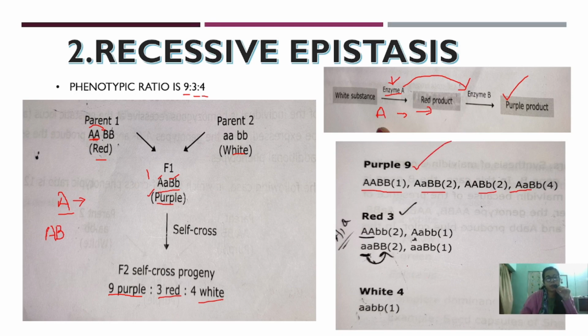And wherever only capital A is present, whether capital A or small a is also present, red color will be formed. But white color will be formed in the absence of capital A, with small b present. So 4 white color will be formed. That's why we get the 9:3:4 ratio. This is known as recessive epistasis.